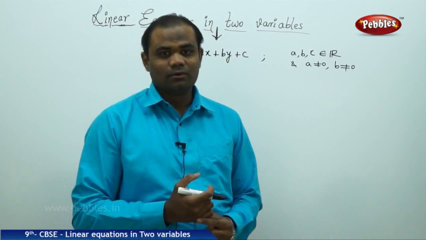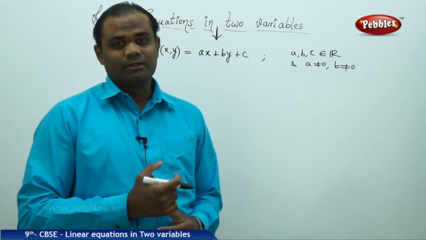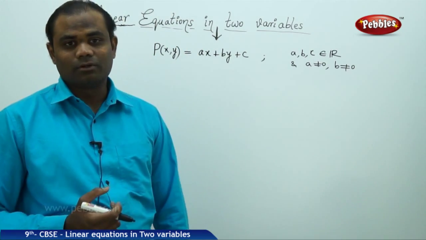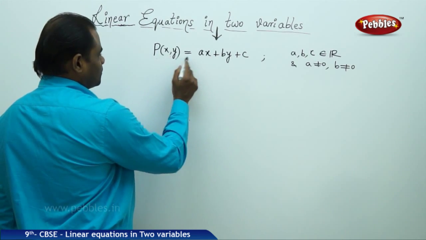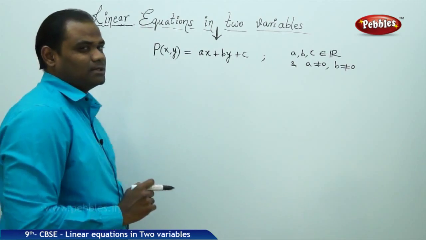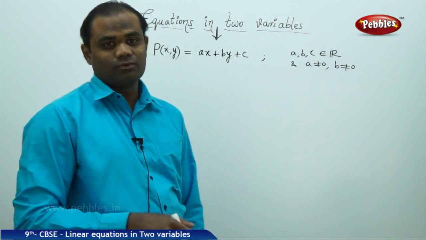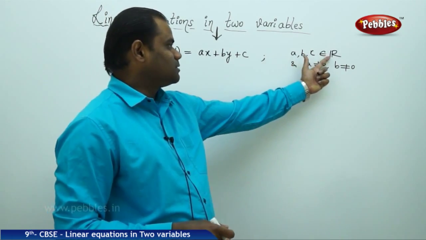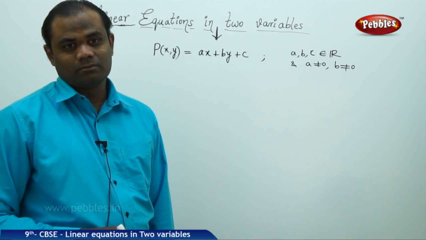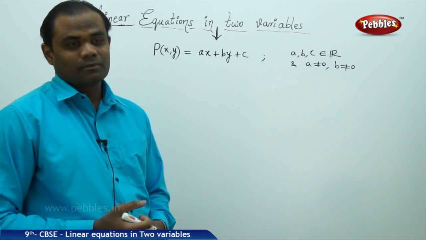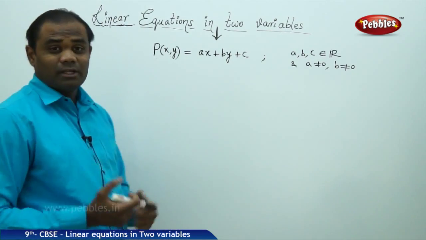So let's see how we can define the linear equation derived from the linear polynomial. This polynomial p of x comma y equals ax plus by plus c is called a linear polynomial in two variables x and y if a, b, c belong to R and a not equal to 0, b not equal to 0. Now what is an equation? When does a polynomial become an equation?